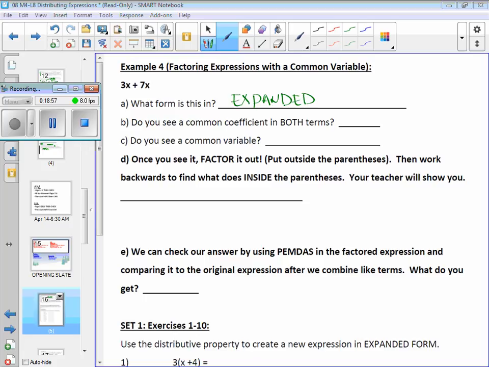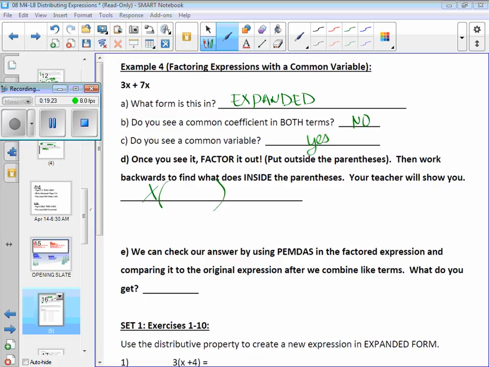When you see it, factor it out. First of all, there's not a common coefficient. There's no common number, so no. Yes, I see a common variable, which is x. When you see it, factor it out. x comes out. Work backwards.